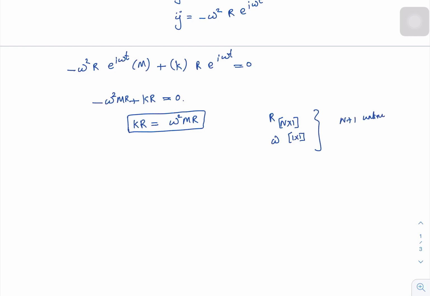How many equations do we have? Here r is n into 1 and k is n into n, so we have an n into 1 matrix on the left hand side. On the right hand side, of course, there will be an n into 1 matrix. Therefore we have n equations.